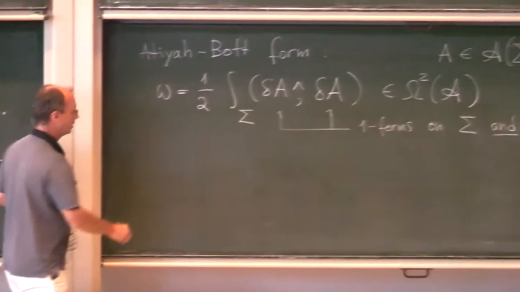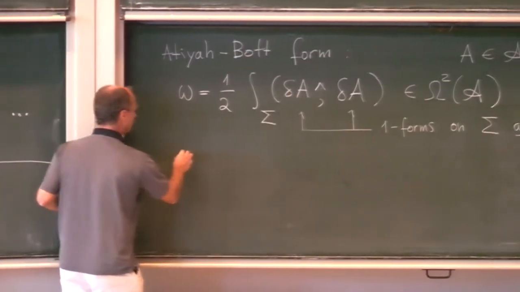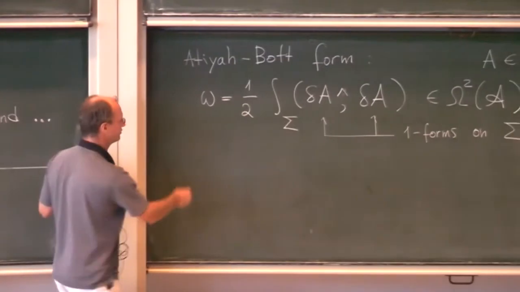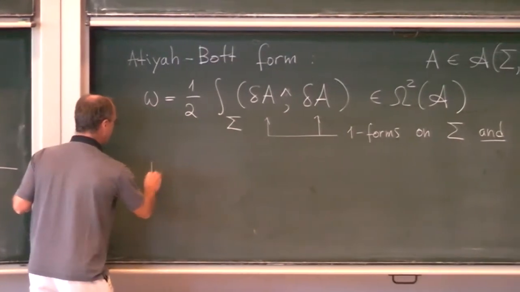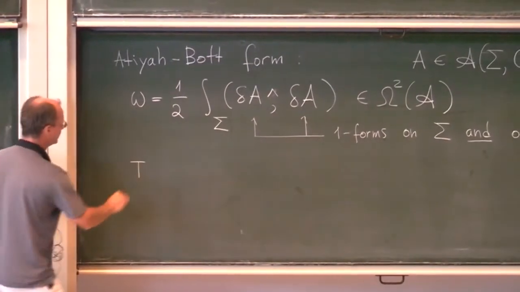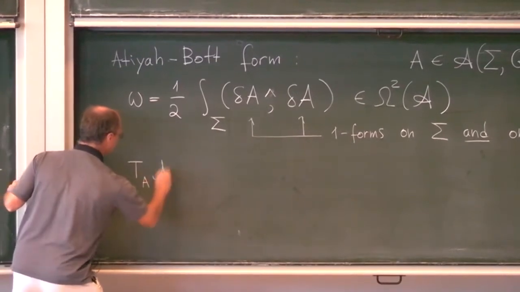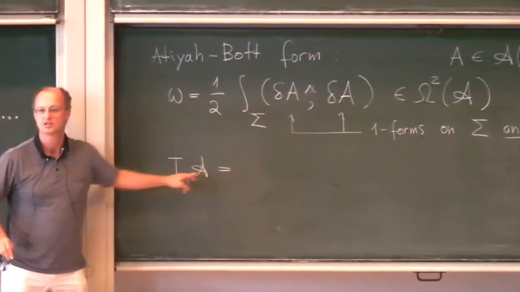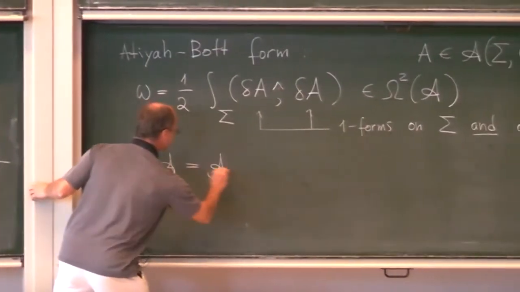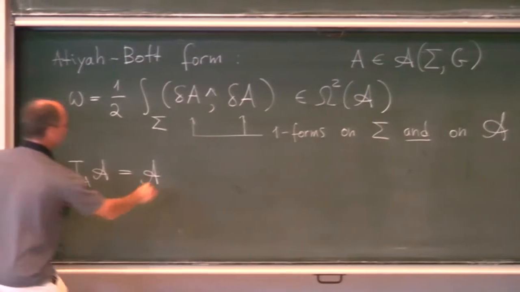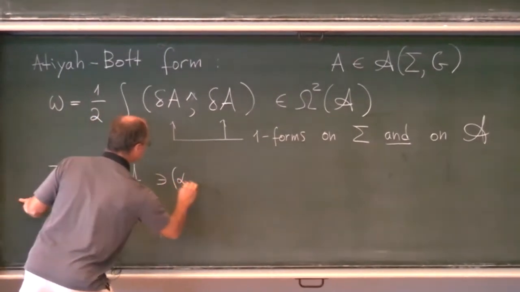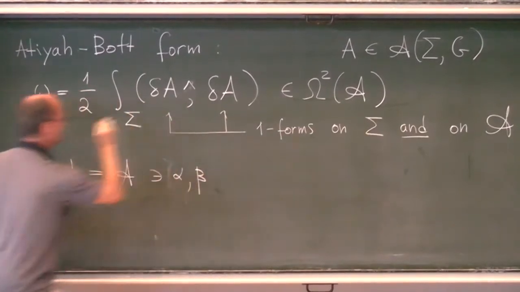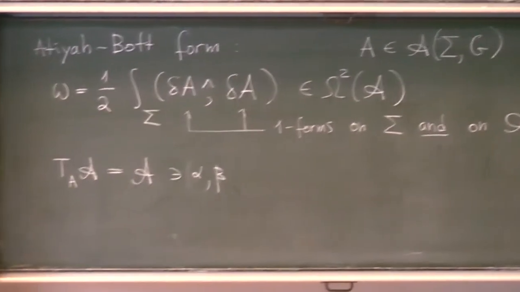Maybe if I try to write it, just to make it a bit more clear, I will rewrite the formula in the same way. So I can identify, at any point, the tangent space to A with A itself, since it's a vector space, and I can choose 2 tangent vectors, alpha and beta, in this vector space.